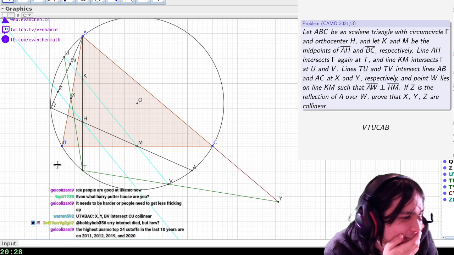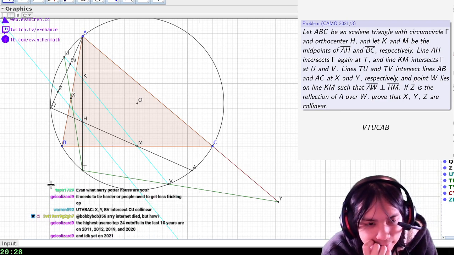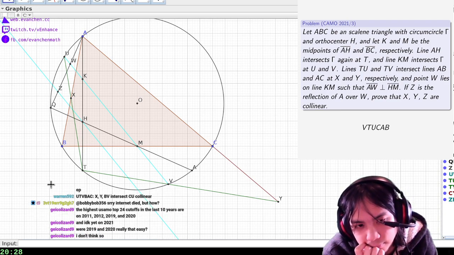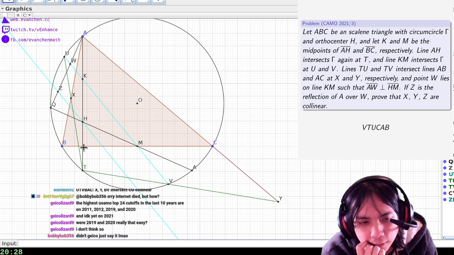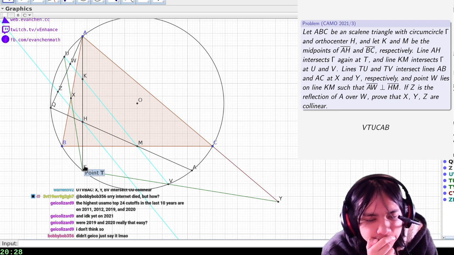I don't know if that helps. There's so many midpoints in this problem. What is T doing though? I feel like T I haven't really tied anywhere.